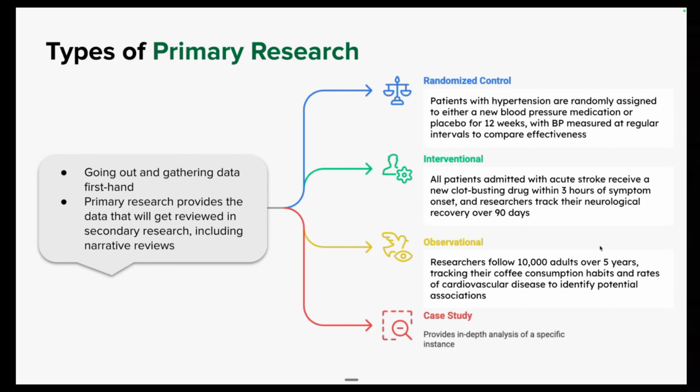Researchers, so we're not intervening here. What we're doing is we're simply observing. We're watching 10,000 adults over 5 years. We're tracking their coffee consumption habits, which, if you're anything like me, are off the charts. And then we're also looking at data on cardiovascular incidents and things like that. So again, no intervention, we're just watching.